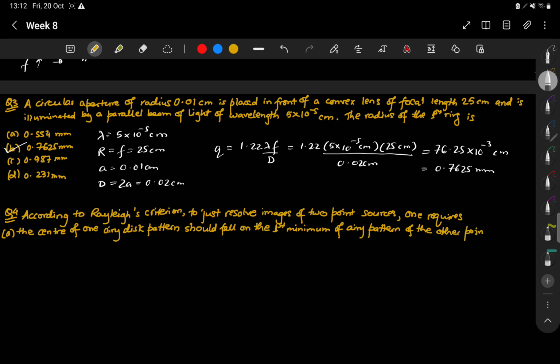So we have basically 2-point sources and we want to see if we can resolve them.